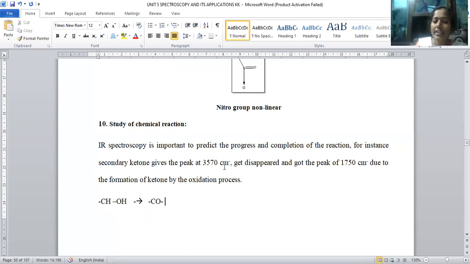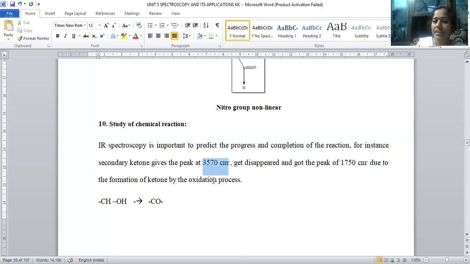So let us see how we can tell whether the reaction is feasible or not. For example, if the starting material was taken and subjected to oxidation, let us assume we analyze it after 1 hour. If after 1 hour we get a 1750 peak, it indicates ketone is formed in the reaction mixture.